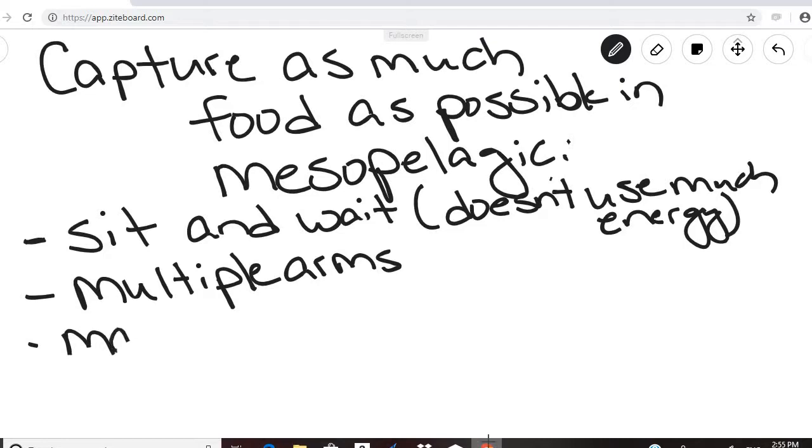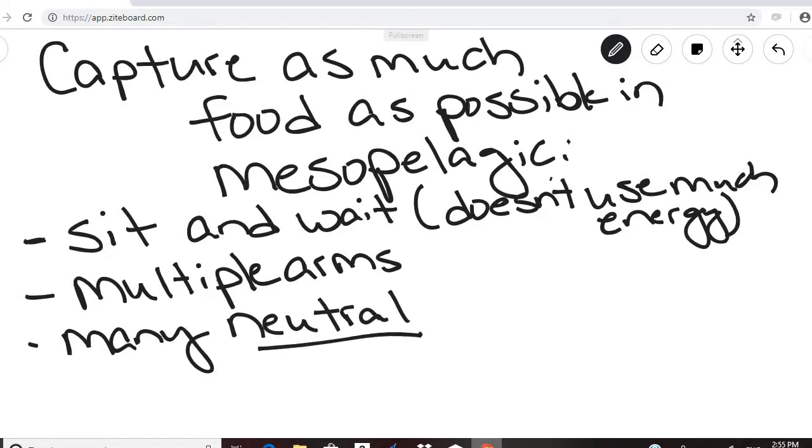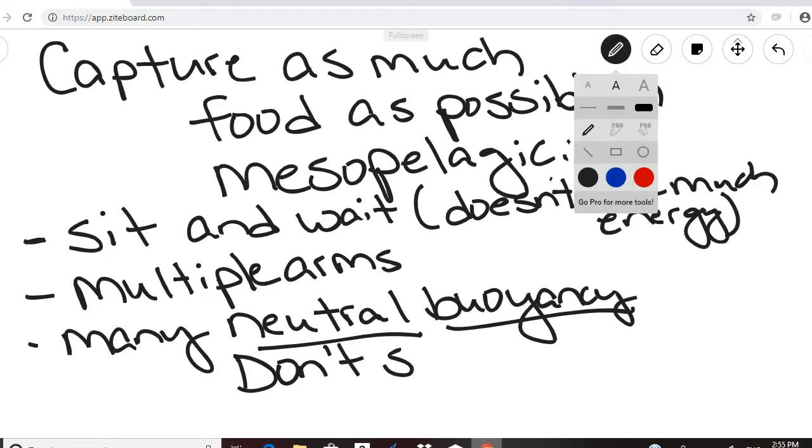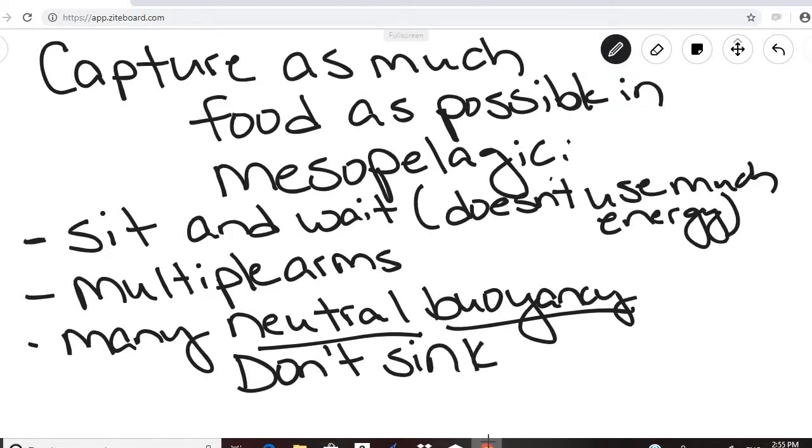Many of them have what is called neutral buoyancy. What that means is that they don't sink, so they just stay there, and they don't need to expend any energy to stay there. It doesn't require much energy to do that.